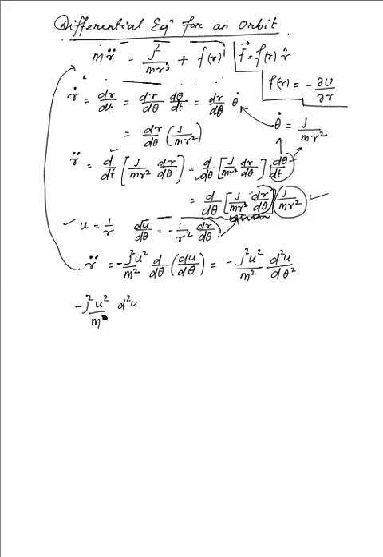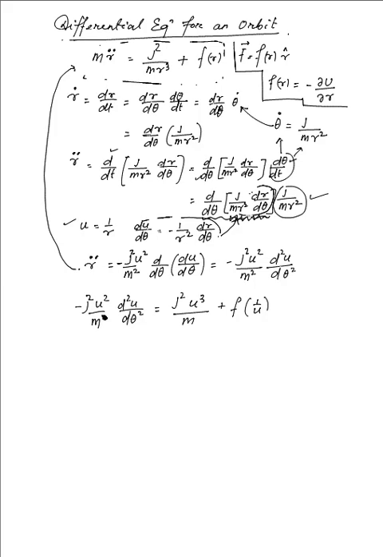This is d square u by d theta squared, and the terms on the right hand side, well, j square, remember 1 by r is u now, so this is u cube, and the m stays at the denominator, plus obviously f of r. Instead of f of r, what I can do is I can just use f of 1 by u, because r is equal to 1 by u.